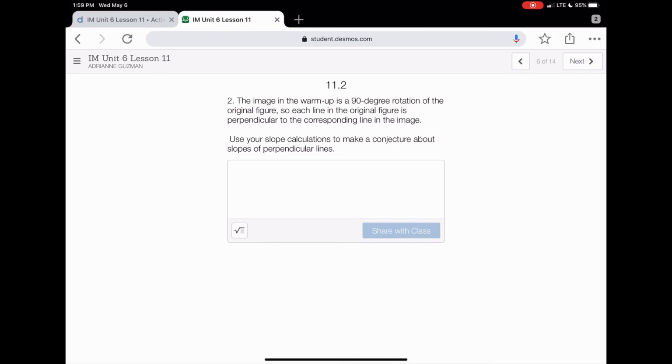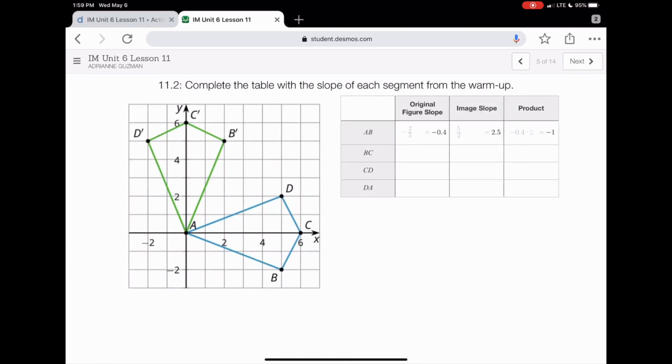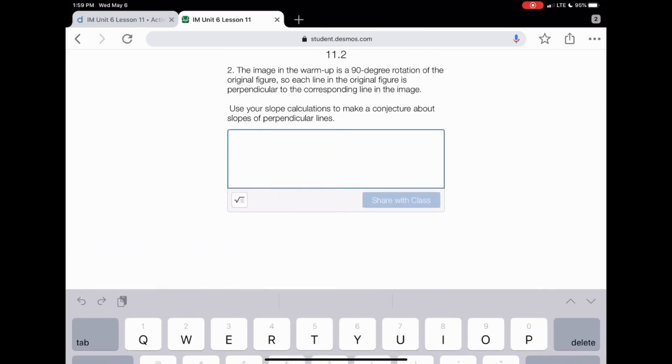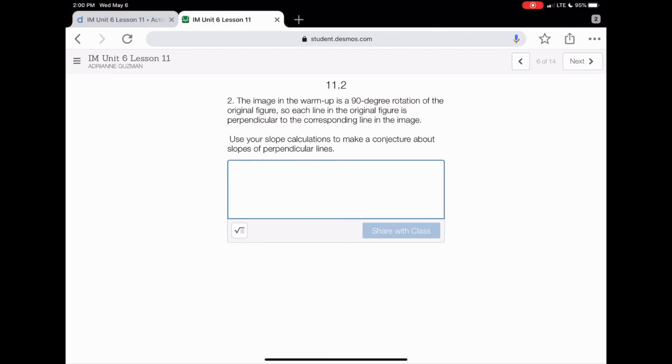Use your slope calculations to make a conjecture about slopes of perpendicular lines. A conjecture is just kind of tell me what you think. What kind of conclusion can you make about the slopes here in this table of two perpendicular lines? That's what I want to know here. Okay, go ahead and finish that off, and we'll see you on the next video.